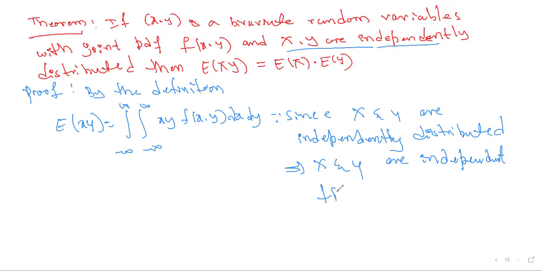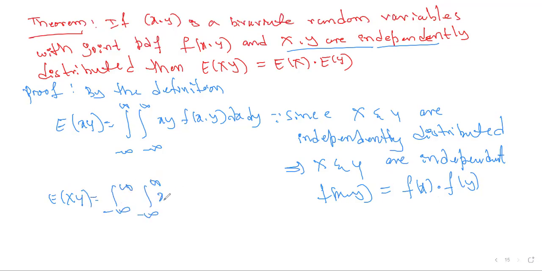When any two random variables are independent, f of x,y is equal to f of x into f of y. Only when this holds do we say they are independent. So since X and Y are independent, instead of f of x comma y, we can write f of x into f of y.